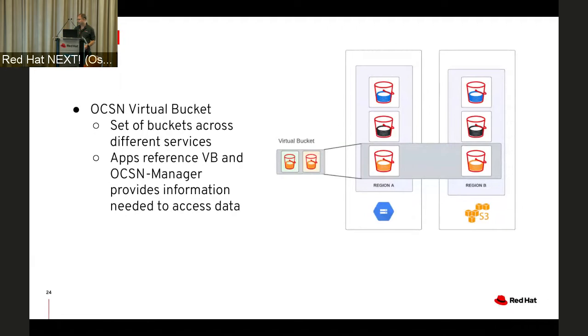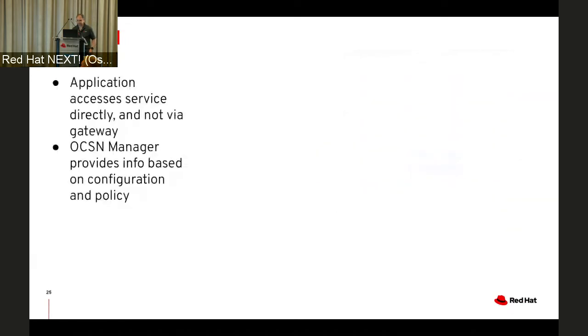Now, there can be policies that can be set on these virtual buckets. For example, we can say that for a virtual bucket the data can only reside in the US, or different other options.